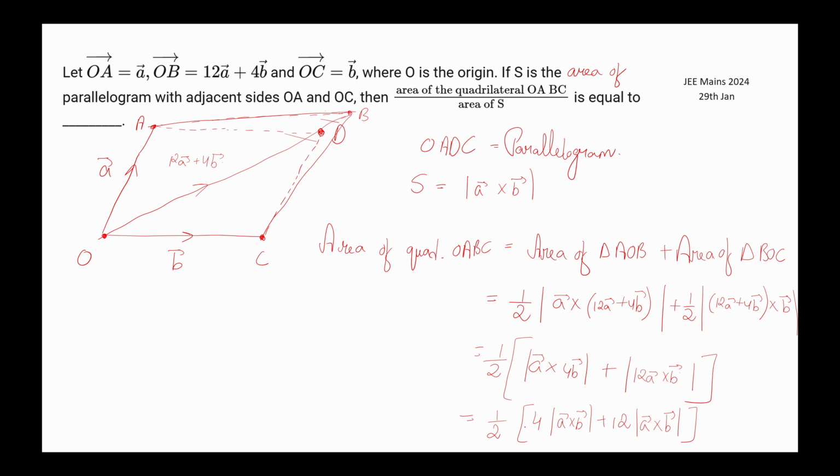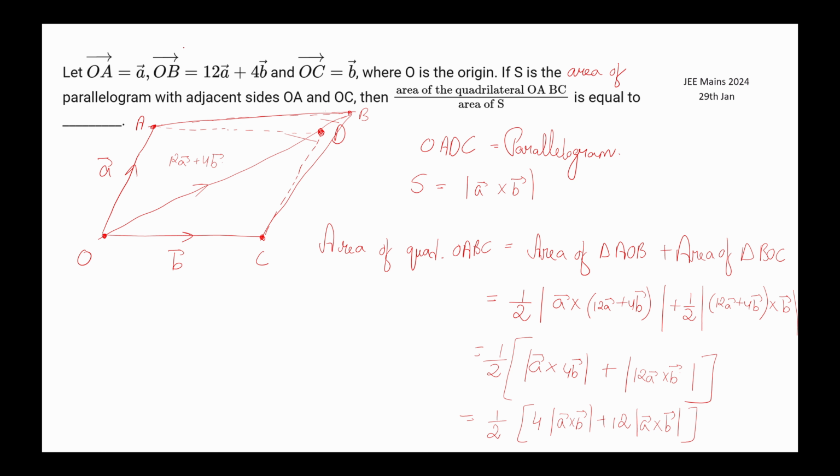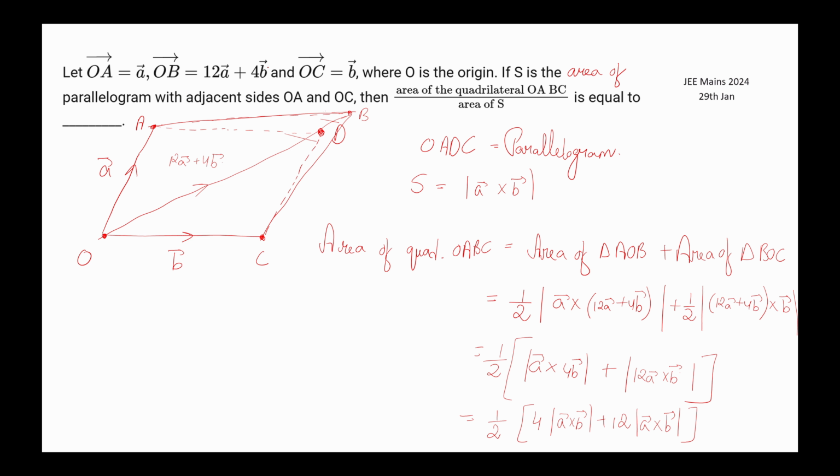Now let us sum this up and take the entire scalar quantities outside. So our final area of quadrilateral would come out to be 4 plus 12 would become 16 by 2, A vector cross B vector. So from here we get area of quadrilateral as 8 A vector cross B vector.